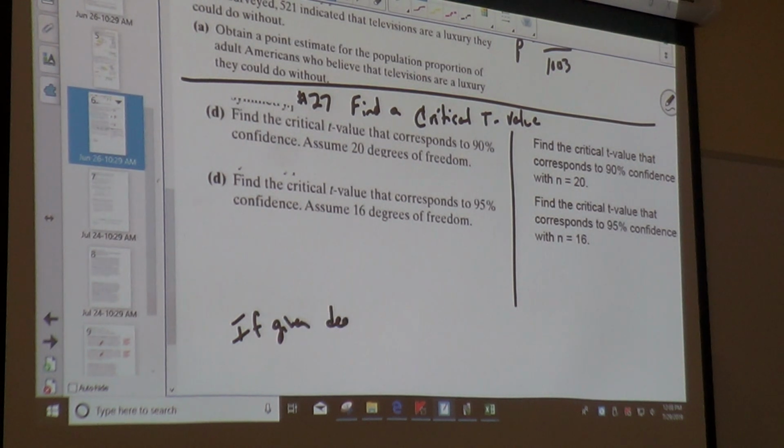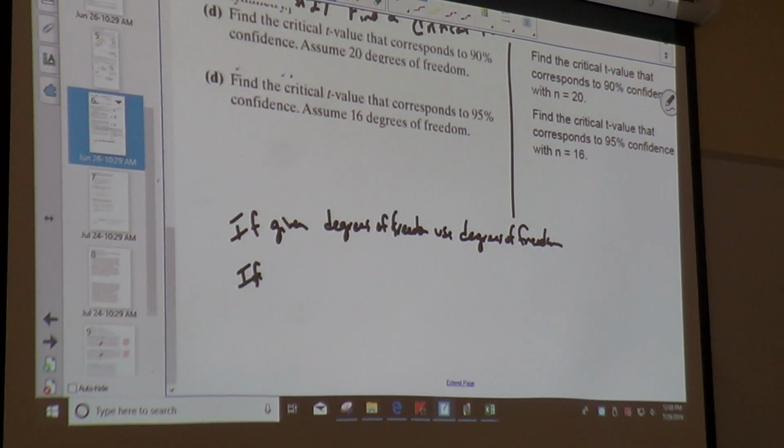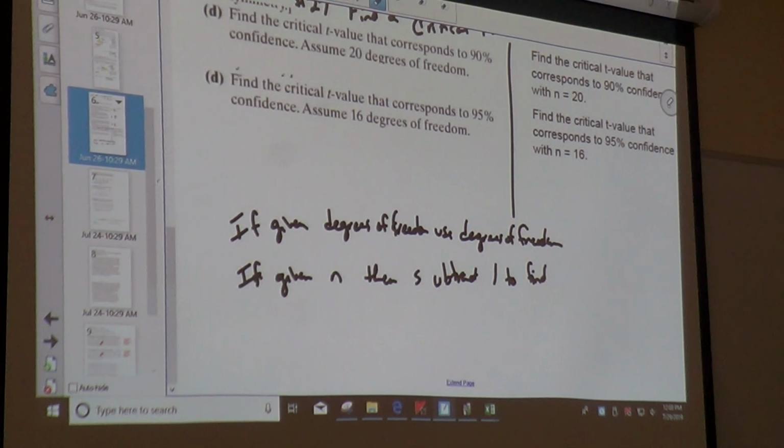If given degrees of freedom, use degrees of freedom. If given n, then subtract 1 to find degrees of freedom.